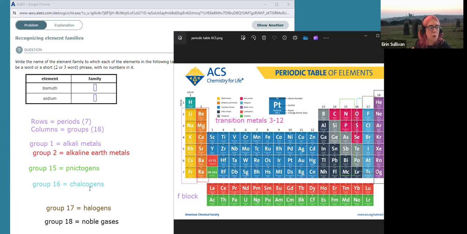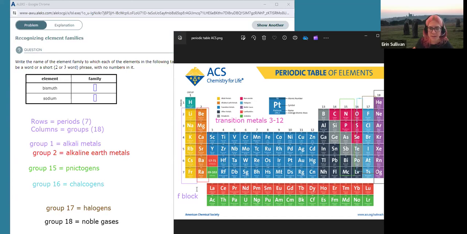Okay, so the names of those two rows in the F block are just derived from the element at the start. So the top row is the lanthanides or the lanthanoids, but there's grammatical semantics there we don't need to get into. Lanthanides means all of them except lanthanum, and lanthanoids I believe means all of them including lanthanum, but I could have got that the wrong way around, so I'm not going to test you on that.